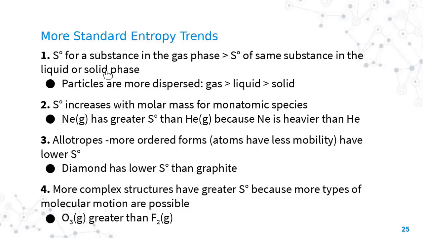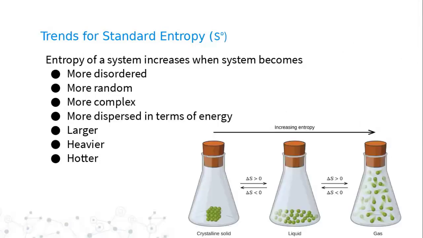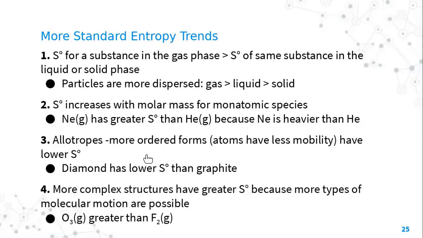And this is because, like this picture from the last slide where we go from solid to liquid to gas, the particles are more dispersed in a gas than they are in a liquid or solid. So this is inherently more random. They're going all over the place. Their energy is spread out, so that's going to cause a greater entropy.